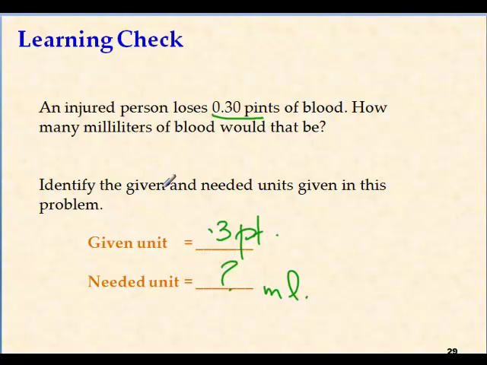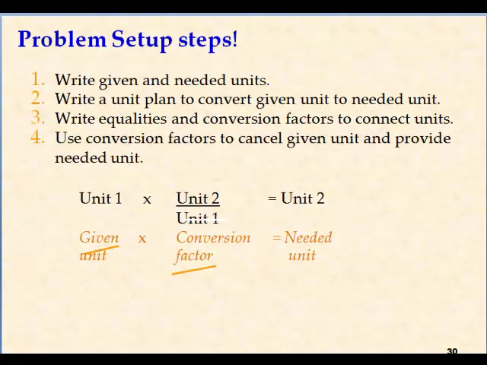Every time you try to do a problem, you should know where to begin and how to end. So these are the 4 main steps: always have your given and needed units, always write your unit plan to convert your units, then find out the equalities to convert, and then use a conversion factor.